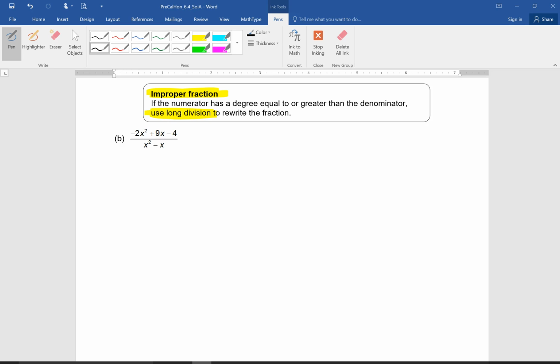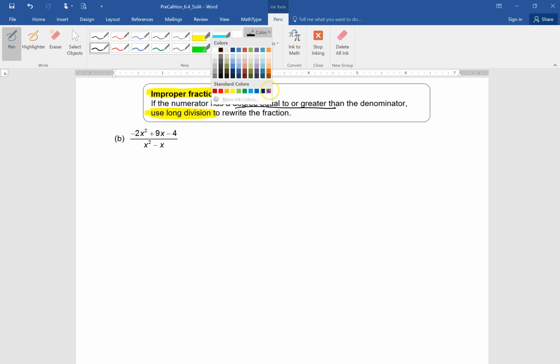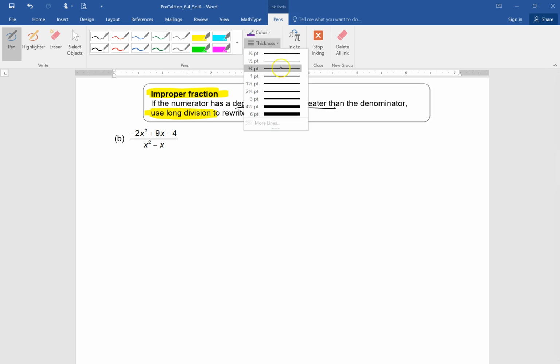How do we know it's improper? When the numerator has a degree equal to or greater than the denominator, okay? All right, so we're going to use long division here.